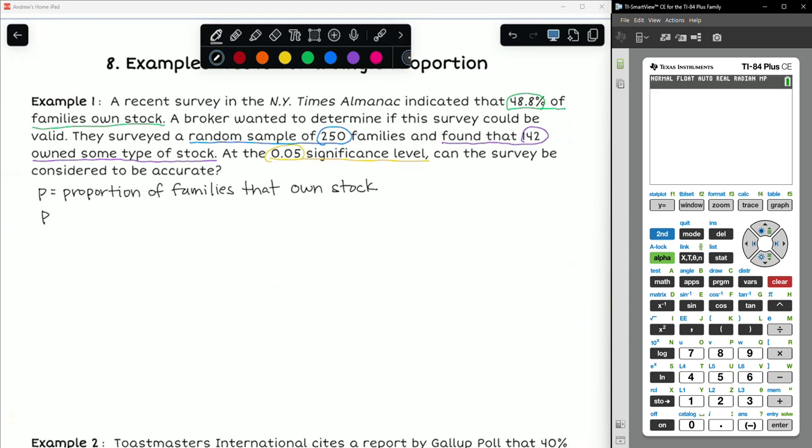We're given that our claimed proportion is 0.488. Remember that we do math with proportions when they're in decimal form. I'm told my sample size n is 250, and the number of successes x is 142. I'm also given an alpha of 0.05.